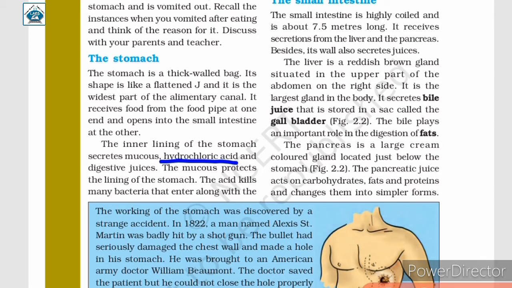It kills the bacteria that enter the stomach along with the food and activates the digestive juices. The digestive juices help in digestion of food by breaking down the proteins present in the food into simple substances.